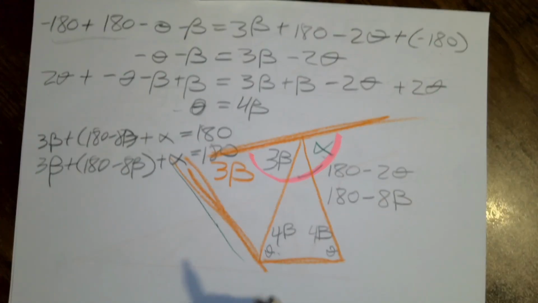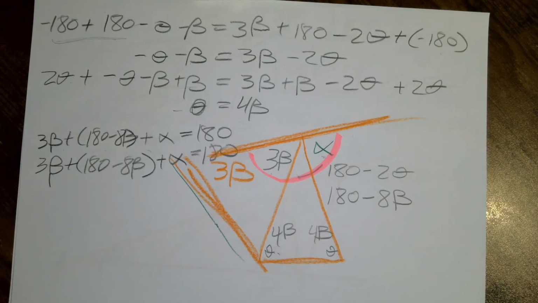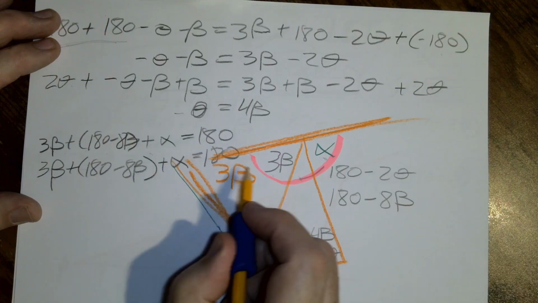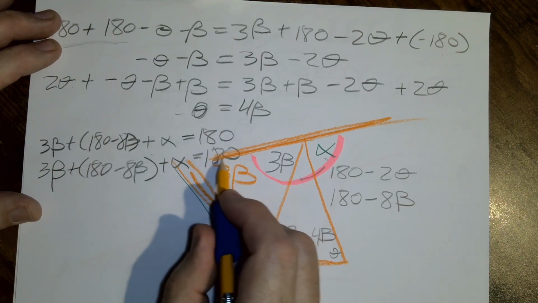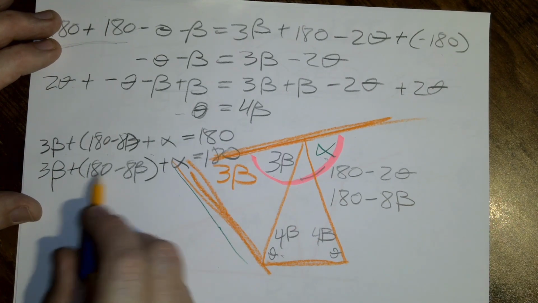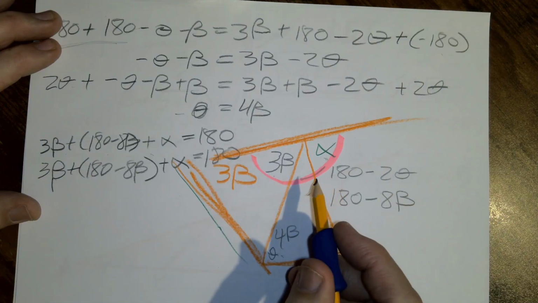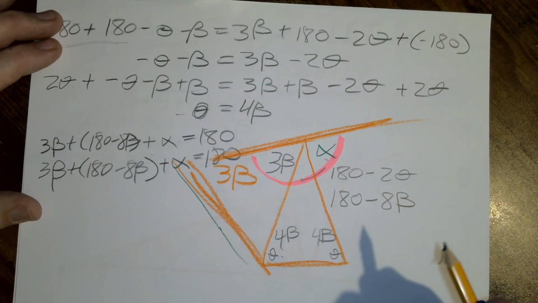So we have 180 on both sides, so those kind of go away. I'll add the opposite of 180 to each side, and it turns that to 0, the additive identity. Add the additive inverses, get the additive identity.